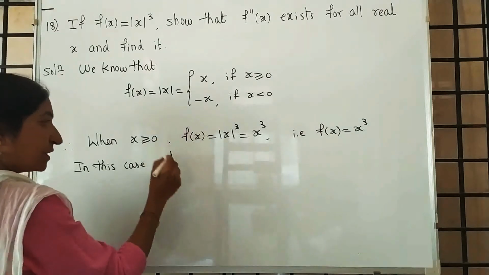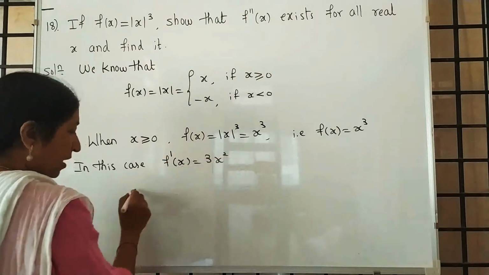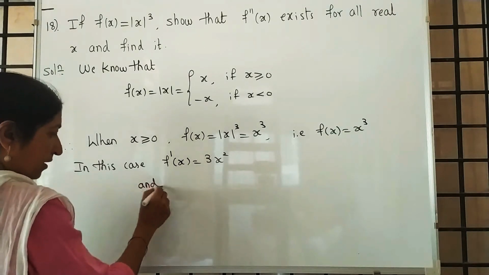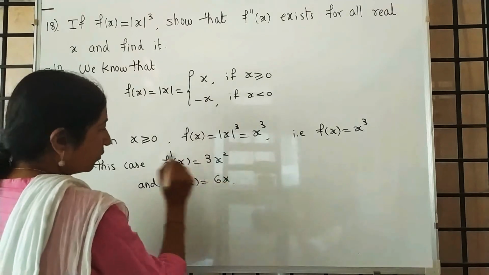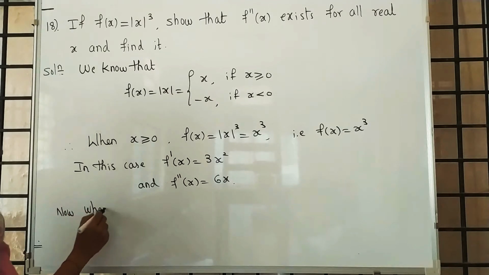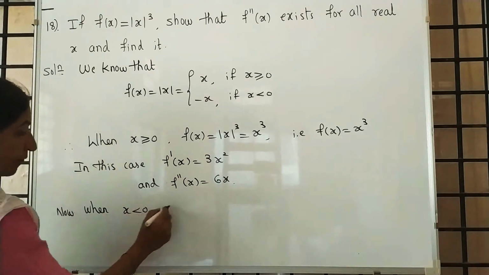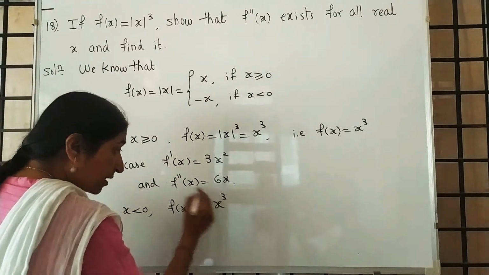When you differentiate the first time, this is 3x square and f double dash of x is 6x. Correct or not? And now when x is less than 0, f of x is equal to minus x cube.